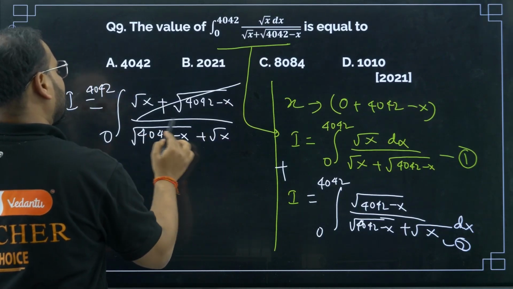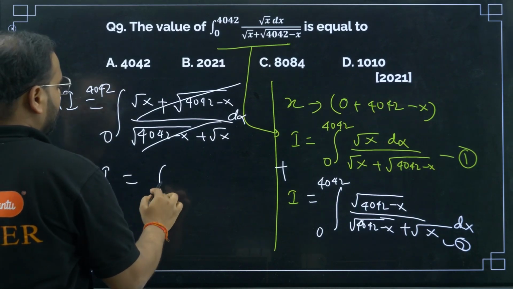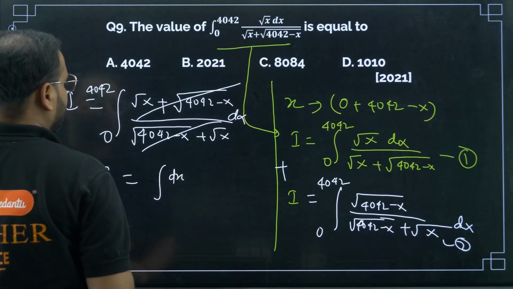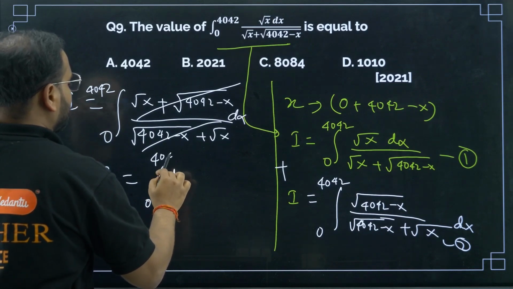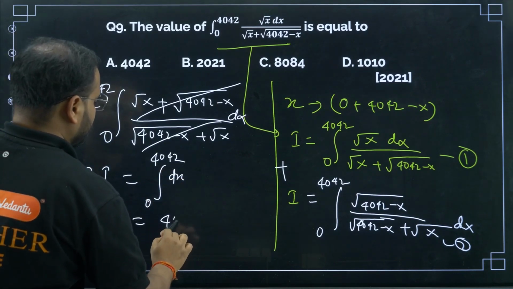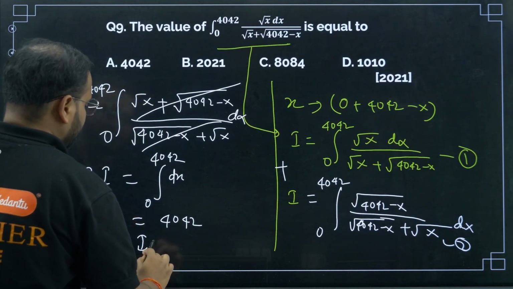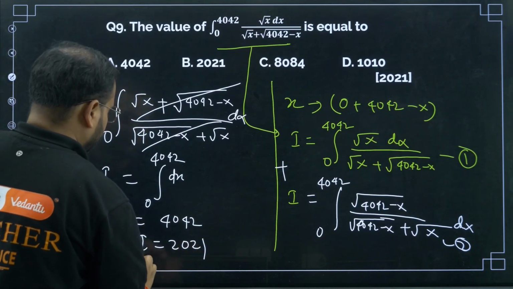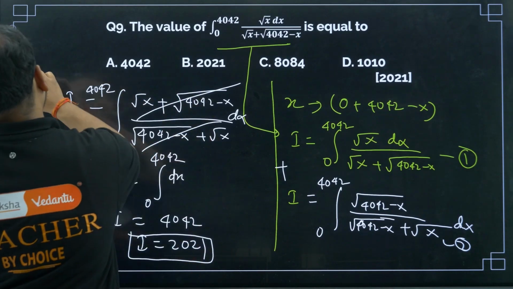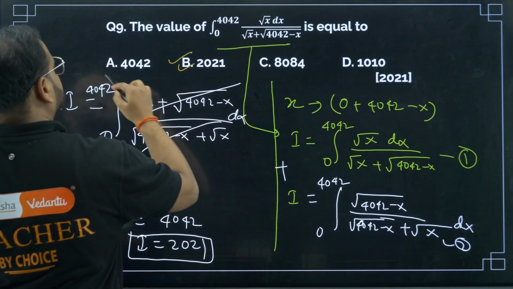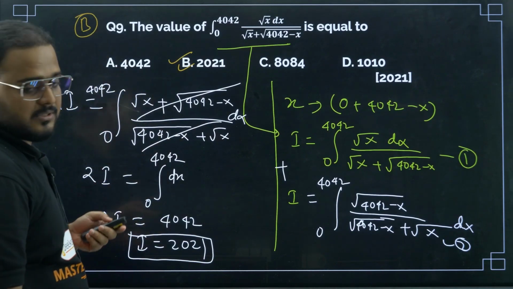This whole thing can be cancelled, the dx is there. So I have 2I equals integral of dx from 0 to 4042. What is the answer then? 4042 is 2I. So what is my I value? I value is 2021. What is the answer? Answer is B.